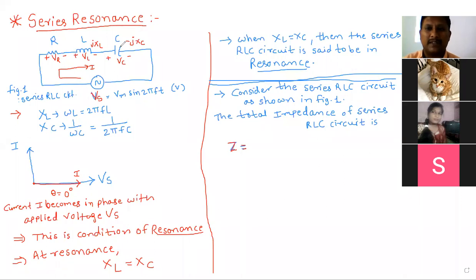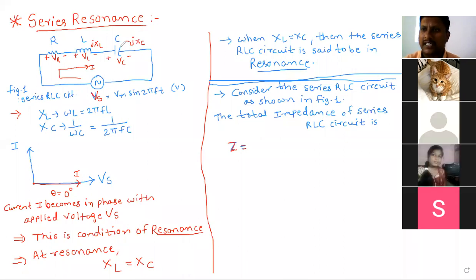Yes. So in series, what do we do? We do addition of impedance. If there are 3 resistors, say R1, R2, R3 in series, then how do we find the total impedance? We can find out by addition. R1 plus R2 plus R3. Very good. Like this, if 3 impedances are there, R, jXL, jXC, then how can we add it?